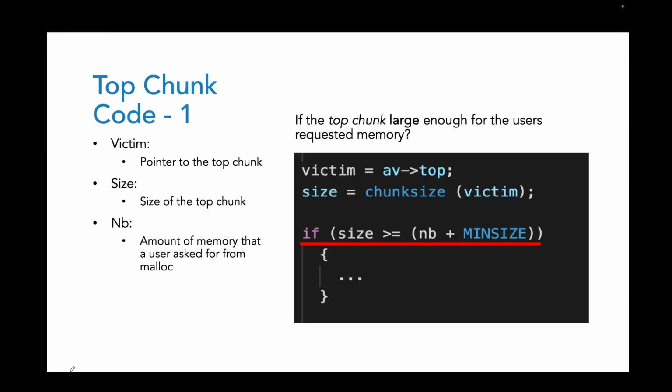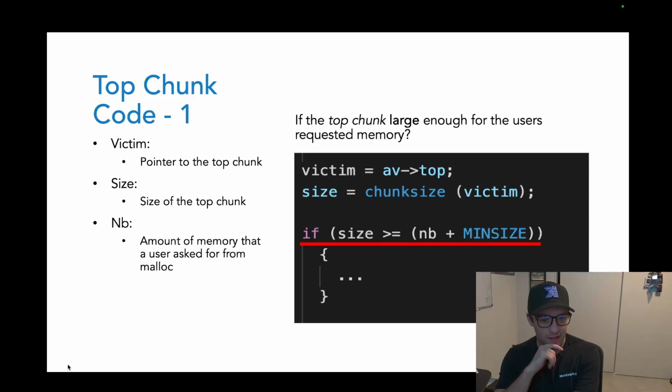Now, I think this code here is fairly interesting because it's actually pretty simple. This is the code that actually does this writing process where it's shrinking the top chunk. Here, victim is a pointer to the top chunk, as you see by the av->top that it's referencing, which is going to be a pointer to the arena. The size is the size of the top chunk that it is getting, and it uses the same chunksize macro as all other chunks.